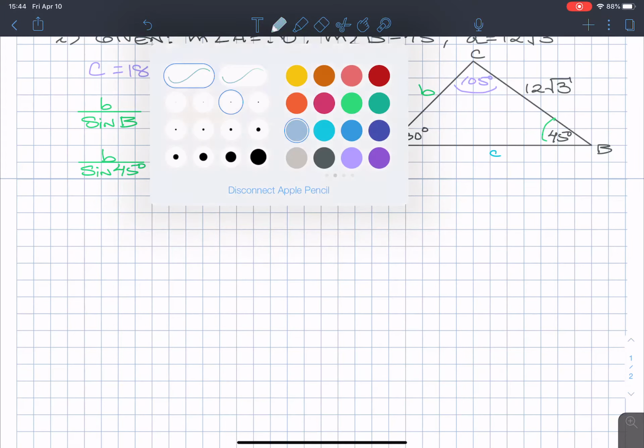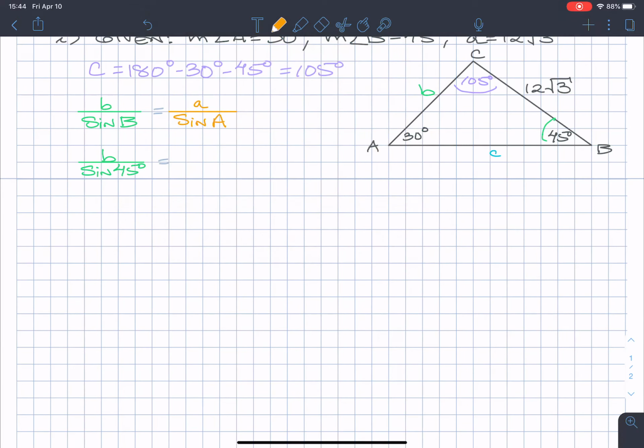And I'm going to set that equal to little side A, which is 12 root 3, divided by sine of angle A, which is 30 degrees, so sine of 30 degrees.